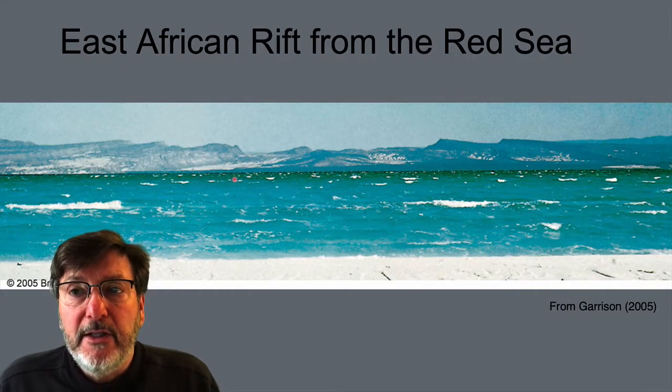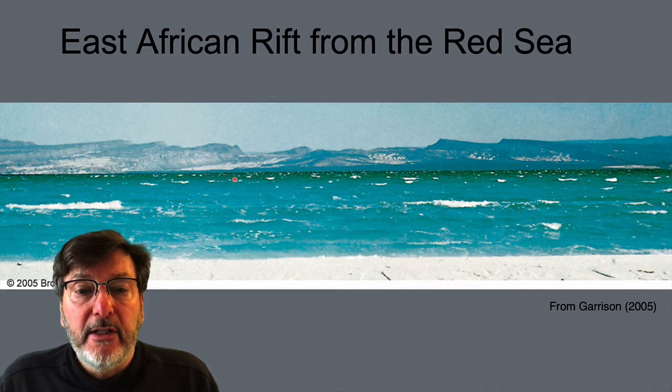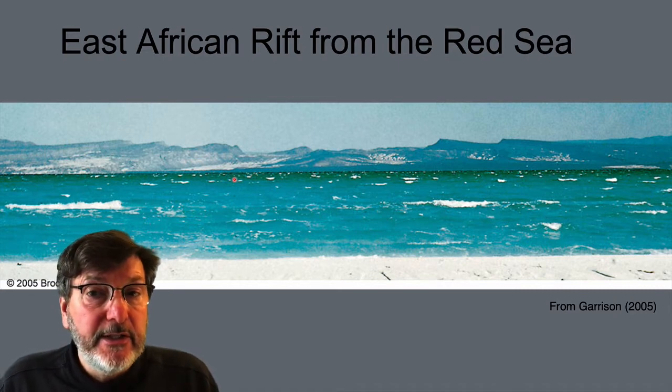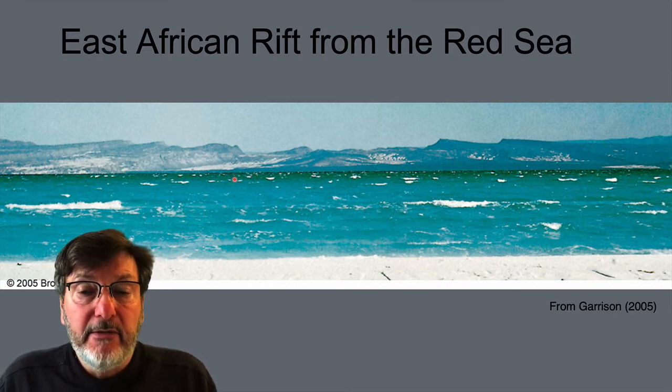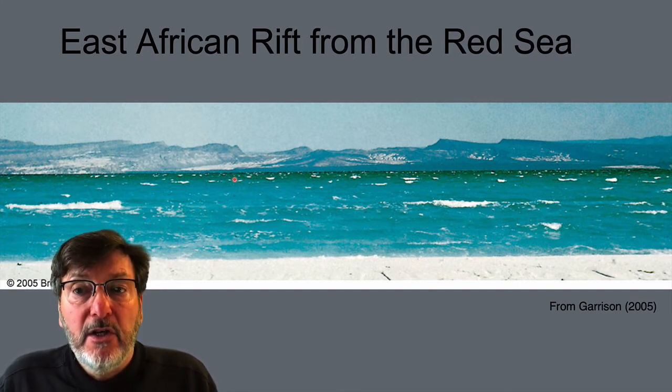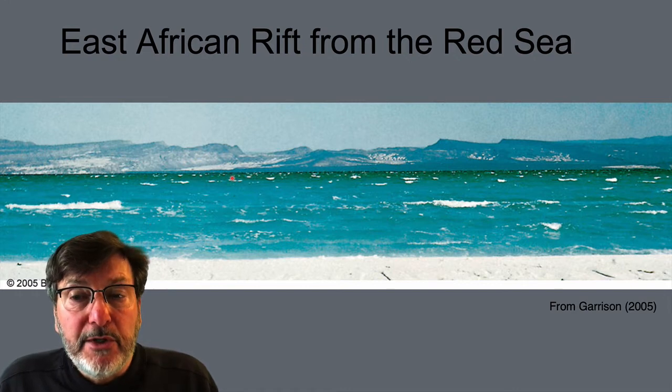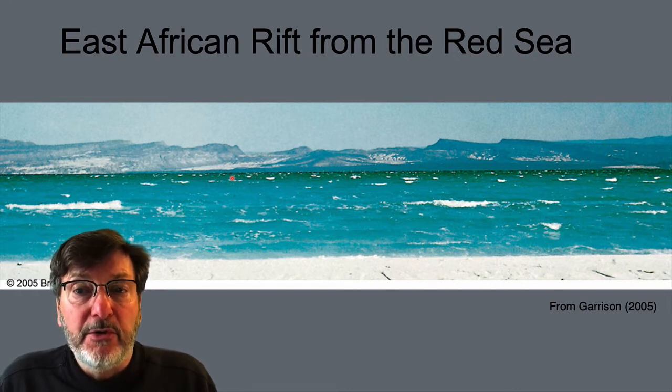I spoke to you about the East African Rift and the study of that system in the 1960s particularly and into the 70s, and how that was used as an analogous setting to the spreading that's going on in the mid-ocean ridges.